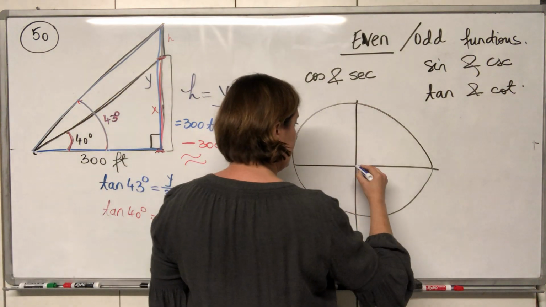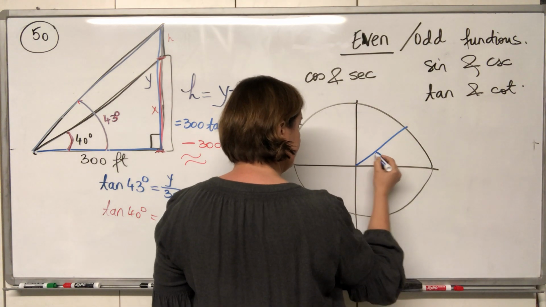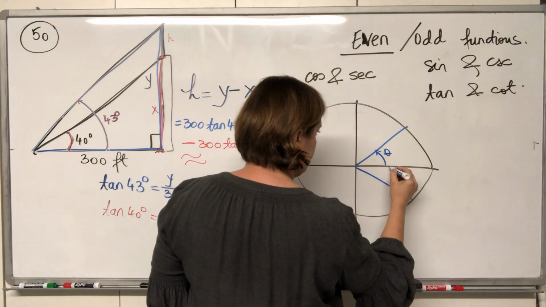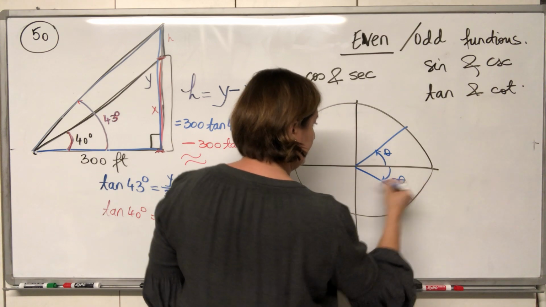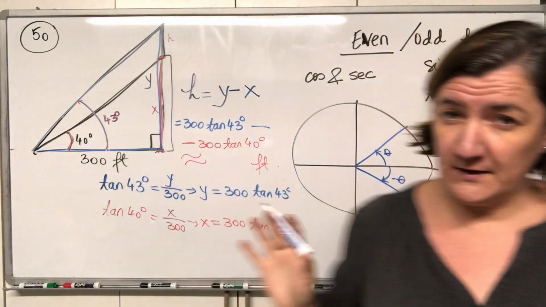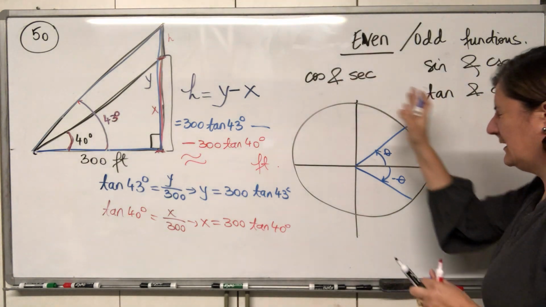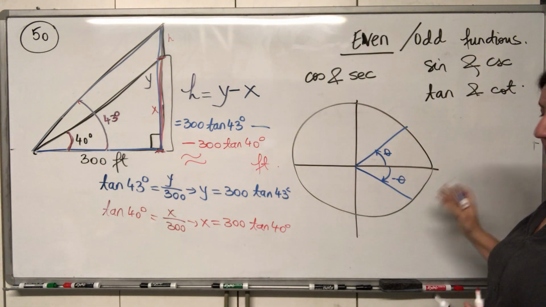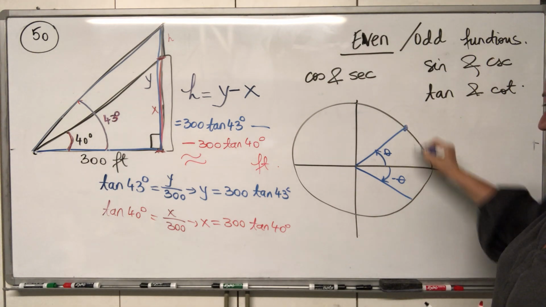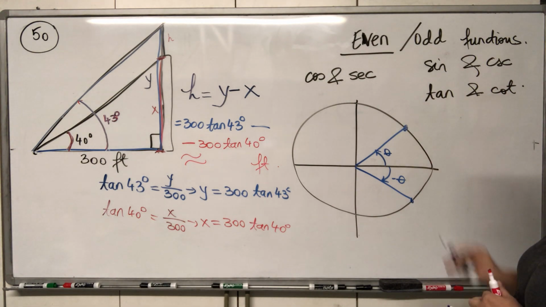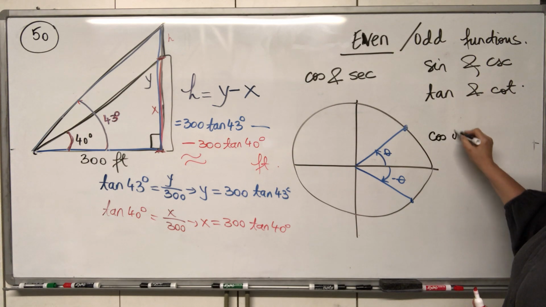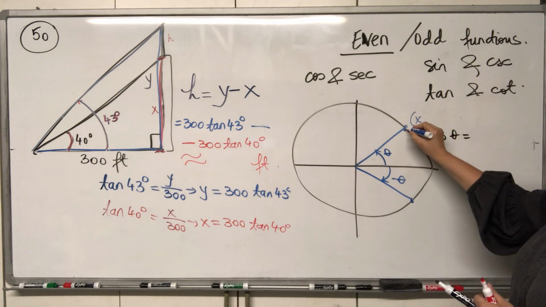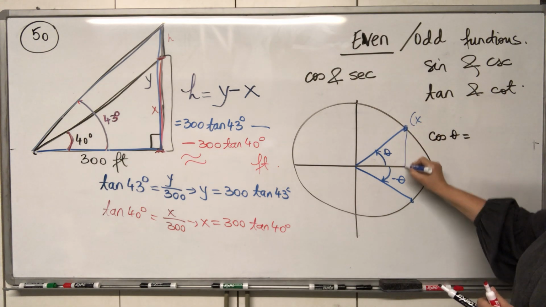If I'm looking at an angle theta, and I'm looking at its opposite, negative theta, okay? And let's say I'm on the unit circle, so that r is equal to 1 and I don't have to worry about it, yes? What is cosine of theta? Cosine of theta is the x-coordinate of this point.